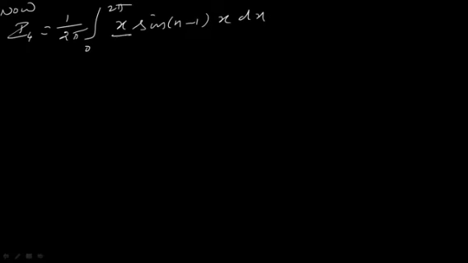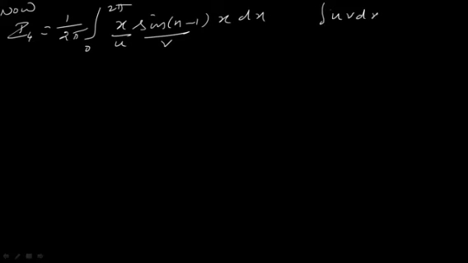Now your I4. So your I4 is nothing but 1 by 2 pi integral 0 to 2 pi x sine n minus 1 x dx. This is of the form integral uv, right?